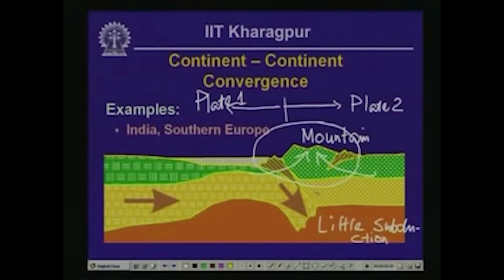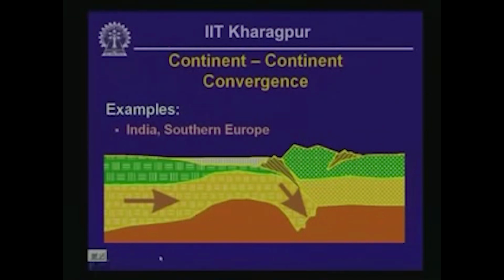So this is the process of continent to continent convergence. A present day example of the mountain chains that develop as a result of continent to continent convergence is the Himalayan mountain chain as well as the Alps of southern Europe.